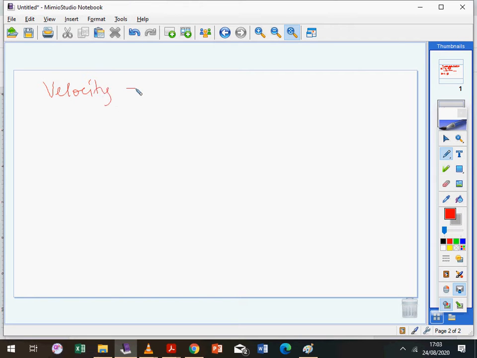Velocity, I hope you guys remember from the general formula that distance is equal to speed times time. So because distance is speed times time, velocity, on the other hand, being a vector quantity, would be the rate of change of displacement. Let me try to write that. Velocity would be rate of change of displacement.